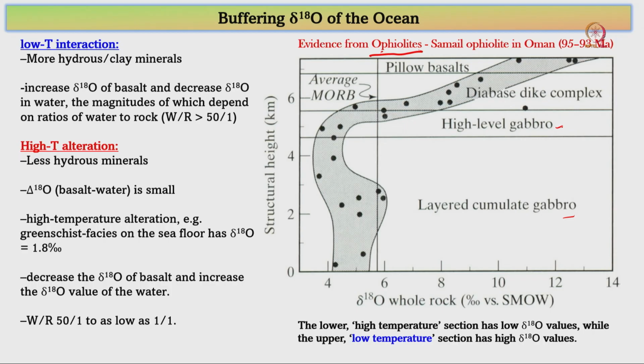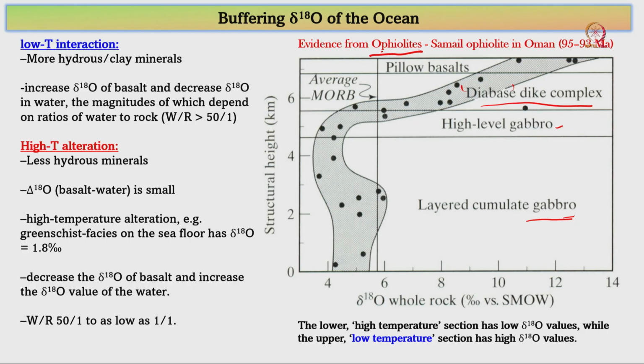This particular ophiolite has a diabase dike complex. Dikes are fractures from where the magma can enter, and it has a diabase composition. Diabase is a rock type, just like gabbro or basalt is a particular rock type.